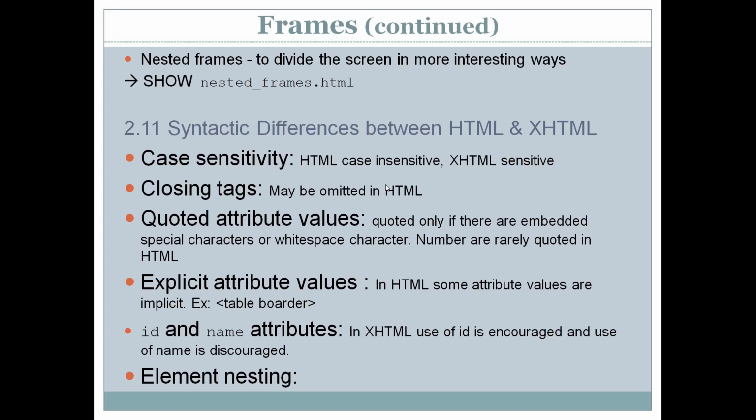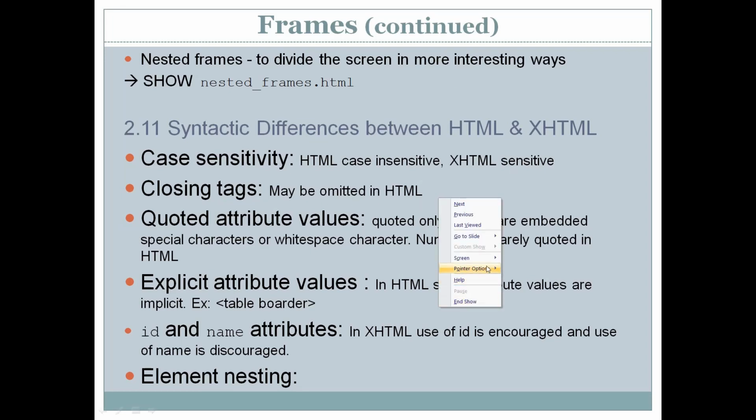In HTML, values are quoted only if there are embedded special characters or white space characters. Numbers are rarely quoted in HTML. In case of HTML, your attribute values need not be quoted every time, but when you use XHTML, attribute values need to be quoted every time. Quoted in the sense you need to include them in double quotes.